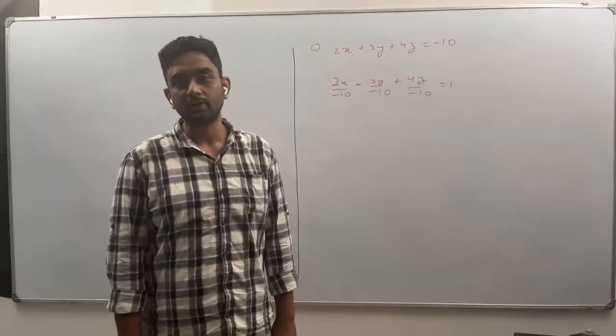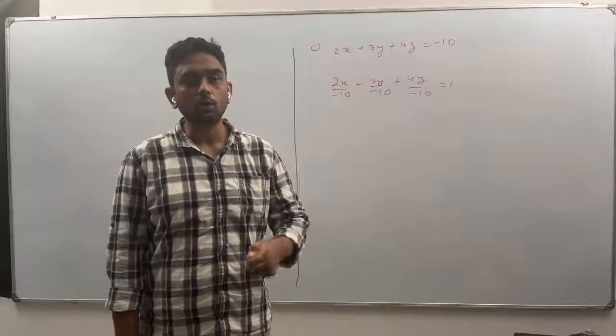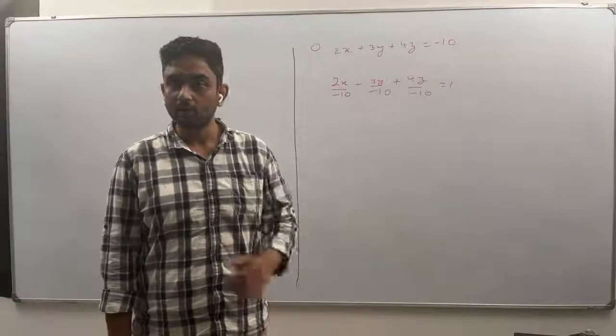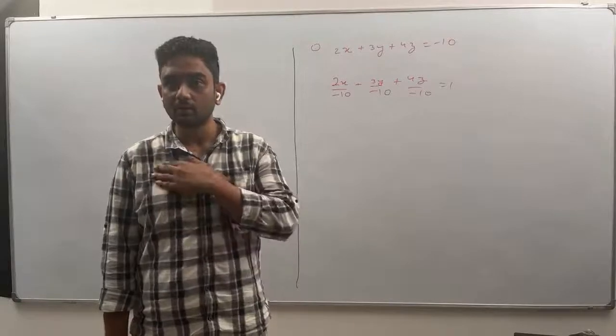It will be 10 by root 29. Whether you get a minus or not doesn't matter, because distance will always be positive. You are clear why it is 10 by root 29?